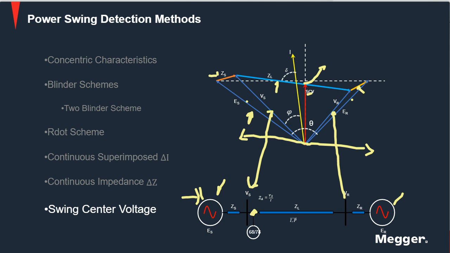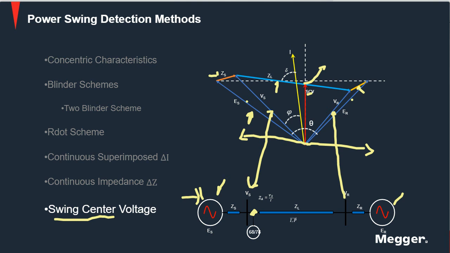We don't have a measurement of that place because we don't know where that place is located, but we can estimate it using some equations. What we are concerned with is the variation of that voltage, and we use the variation of that voltage to declare whether there is a power swing or there isn't a power swing.